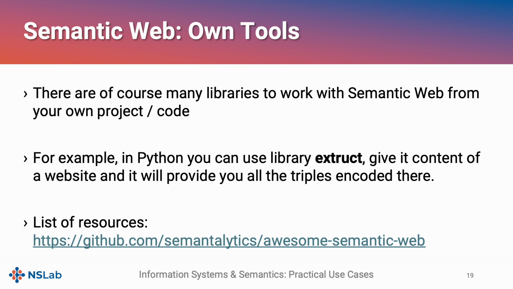And then you can work with that as with an RDF graph, make some queries, make some decisions based on that, etc. There is also a curated list of resources for the semantic web for many programming languages and many use cases. So if you are not sure where to find some resource, you can take a look there. Maybe you will find the thing that you need.